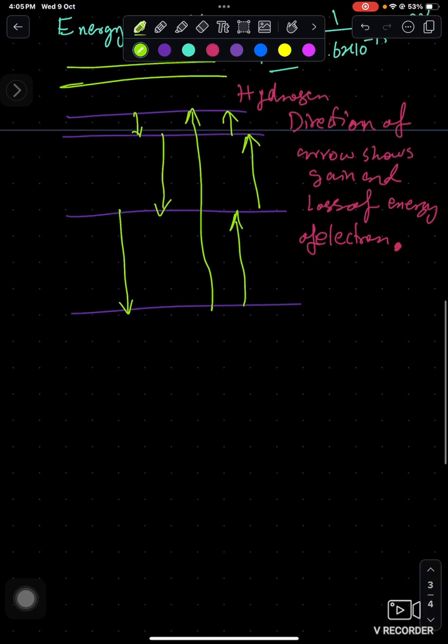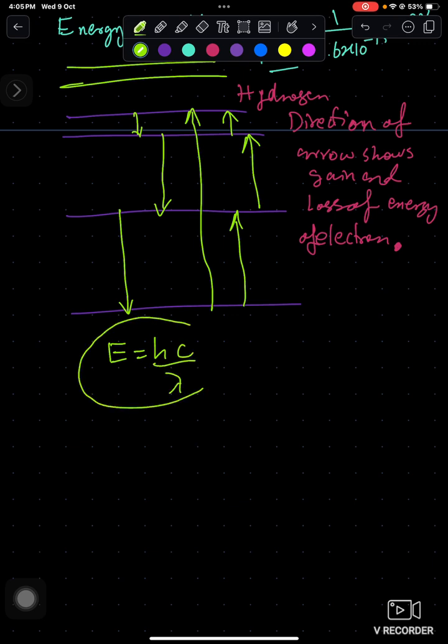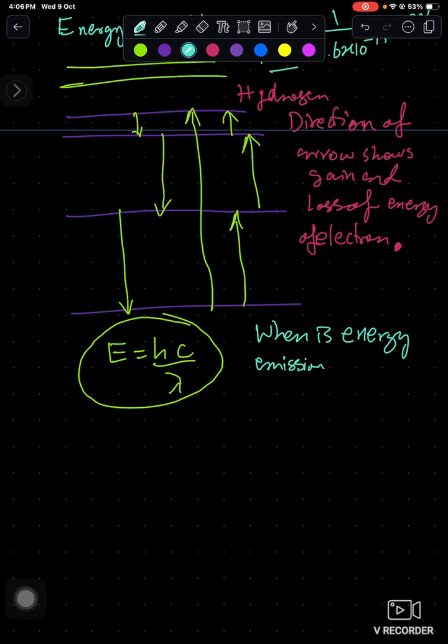Here the formula is E equals hc over delta lambda. If I have a question about energy emission, energy loss, I would say energy loss more.